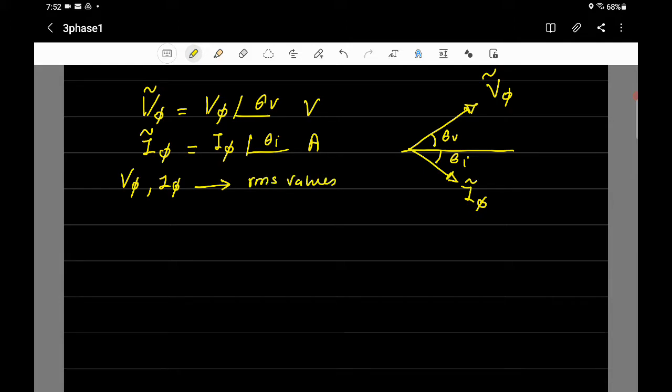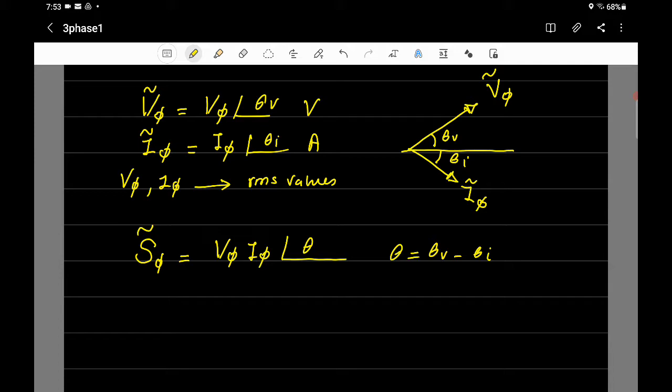Okay, so how can you find the complex power for one single phase? You multiply the magnitude of the phase voltage times the current of one phase, and the angle is theta. What is the angle theta? Theta is the difference, theta V minus theta I, the difference between the angle of the phase voltage and the angle of the phase current.